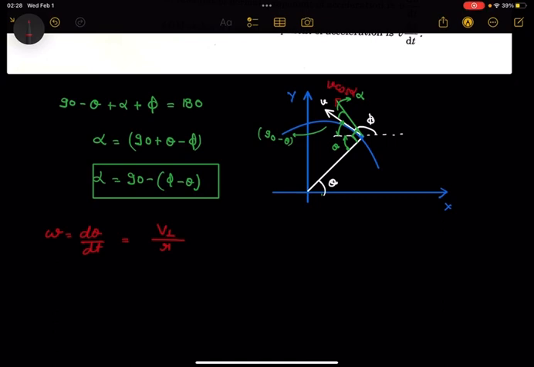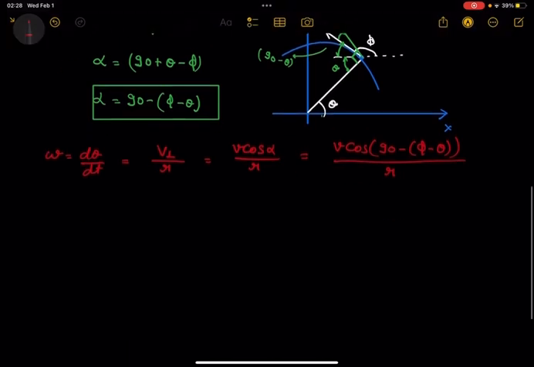So it is v cos alpha by r, and v cos alpha is v cos of 90 minus phi minus theta, and cos of 90 minus theta minus phi you can write as sin of theta minus phi. So omega is equal to v sin(theta minus phi) by r.